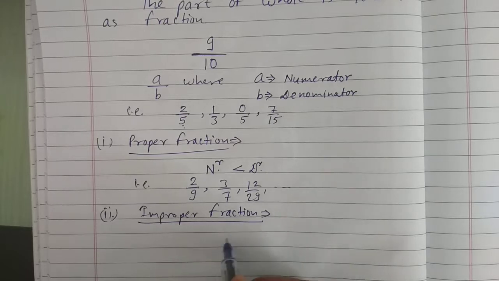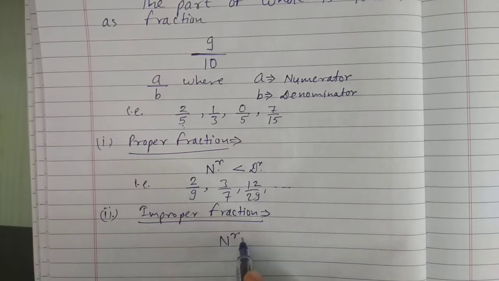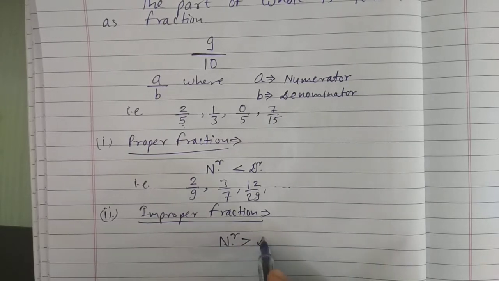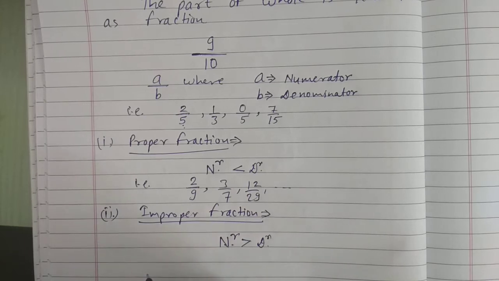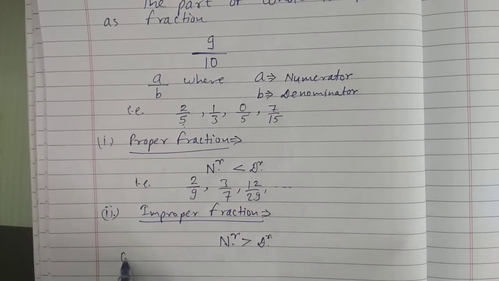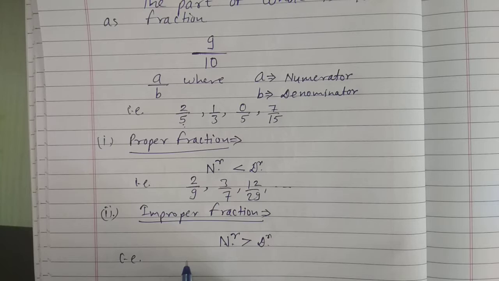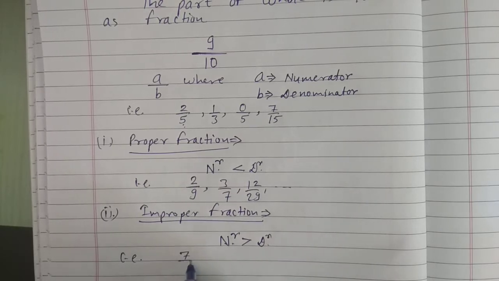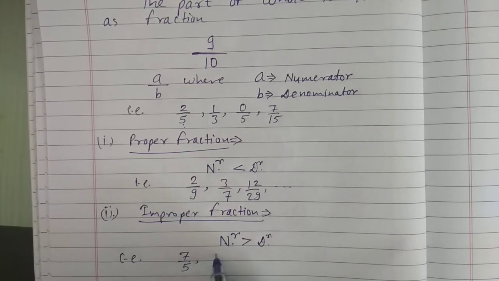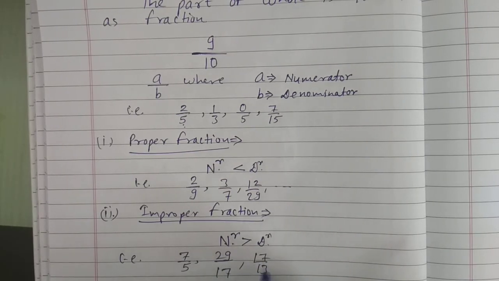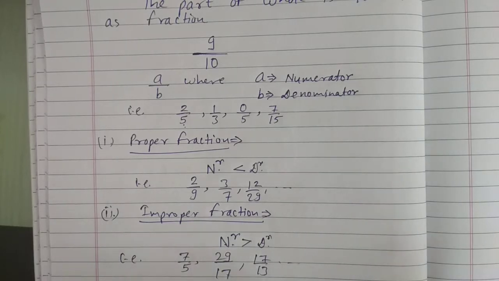That means we can say the numerator is greater than the denominator. Then we can say the given fraction is an improper fraction. For example, 7 upon 5, 29 upon 17, 17 upon 13, etc.